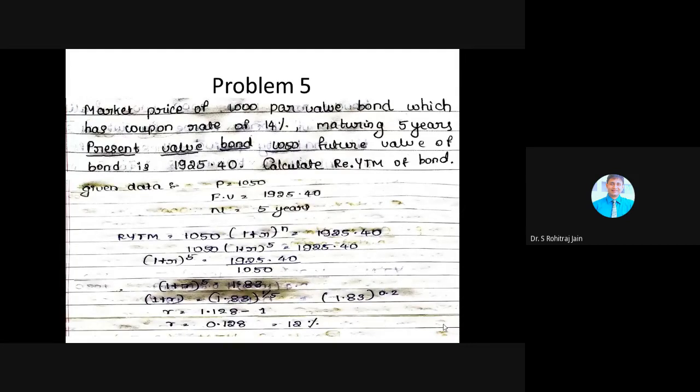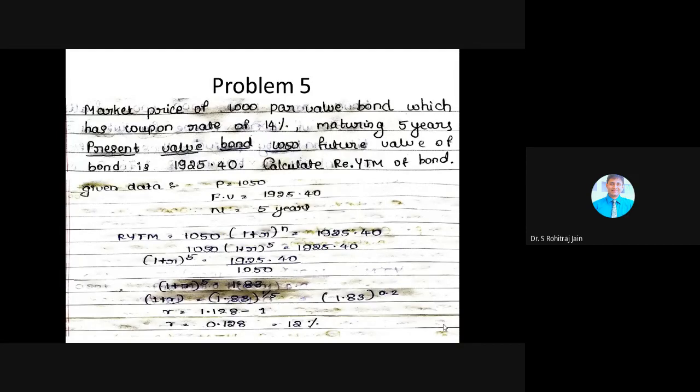So 1.83, those who are using a scientific calculator can use the power of 0.2. In a normal calculator also you can use it. 1 divided by 5 is 0.2, right? So what is the value of R then, students? 1.128 minus 1.